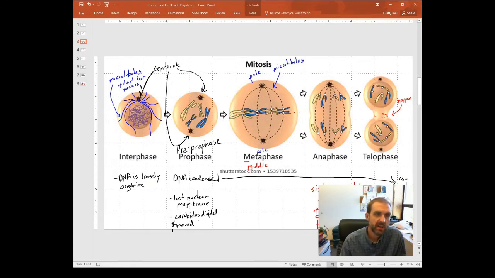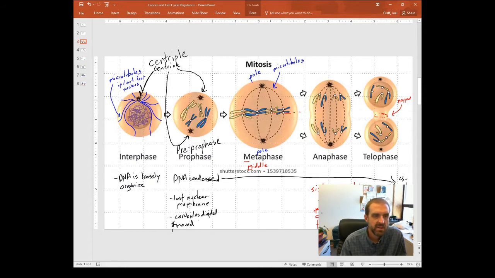The next thing to look at is the centriole, and I didn't write that very well, so let me try to write it a little bit clearer. Centriole, or centrosomes, one of those. Anyway, we go from having one copy to 2 copies.